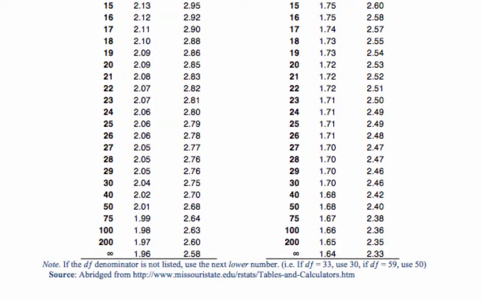So notice that the critical value for degrees of freedom 29 is 2.05, for 30 is 2.04, for 40, 2.02, for 50, 2.01. Adding 10 more people only shrinks your critical value by 1/100th of a point. So once we get beyond 30, the changes slow down dramatically. And look what happens when we get to infinity. The value is 1.96. That's the same as for a normal distribution or a z-test.